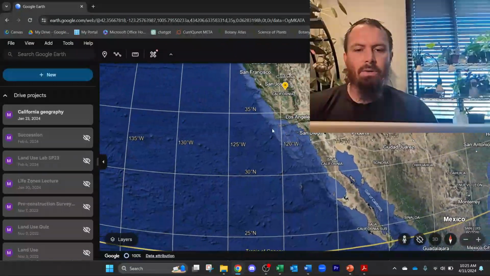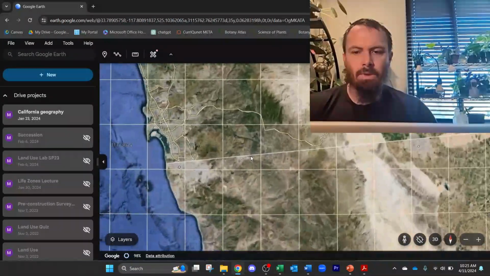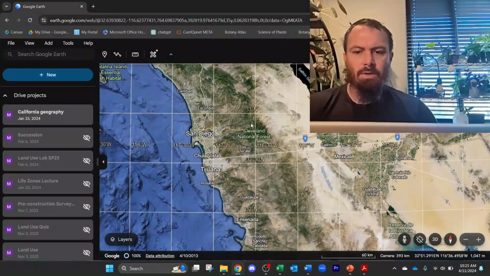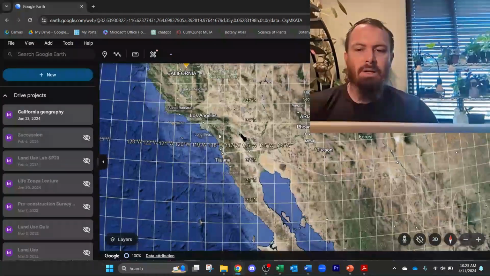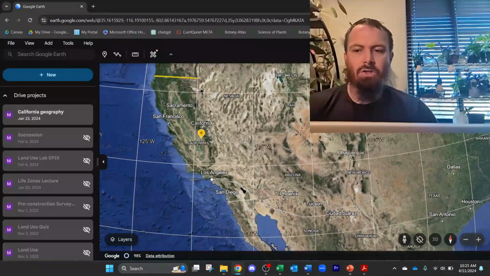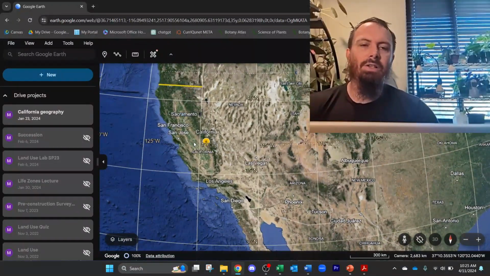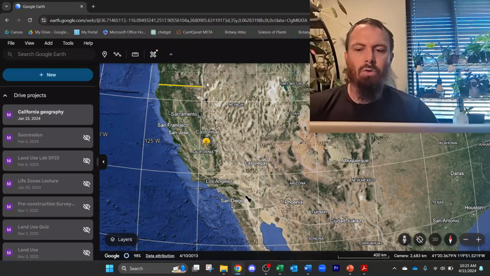And if we go down to the south, we have 32.3 degrees here, just inside of Mexico. And so we're just above 32 degrees. So from about 32 to 42 degrees covers the latitudinal range of California, about 10 degrees of vertical stretch.